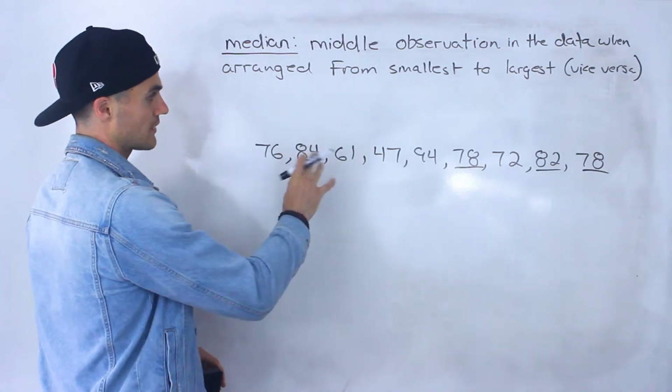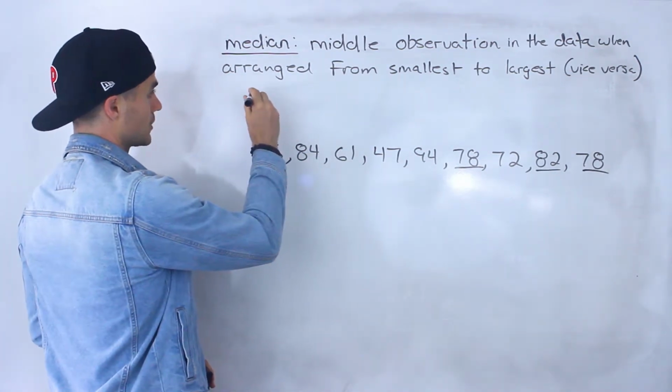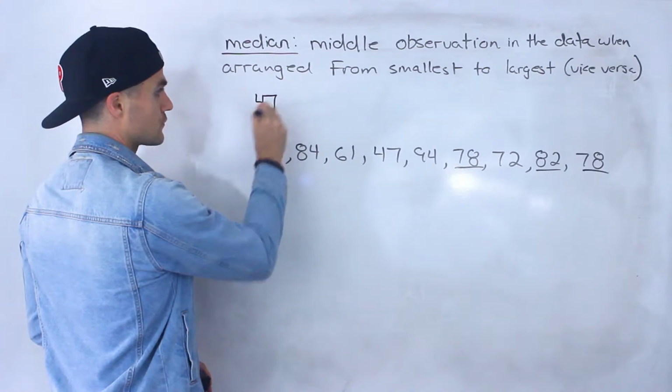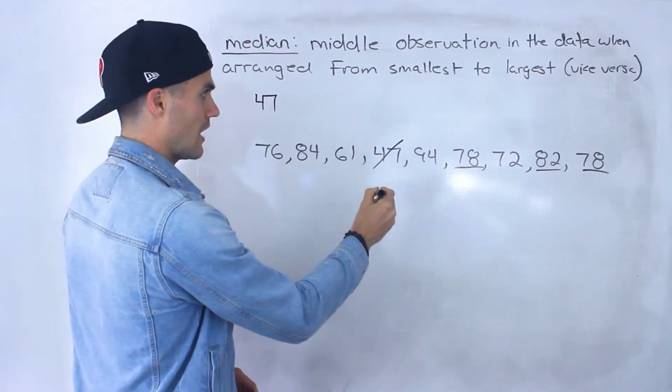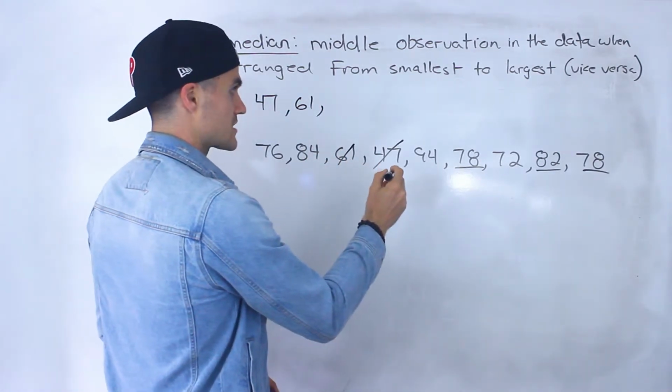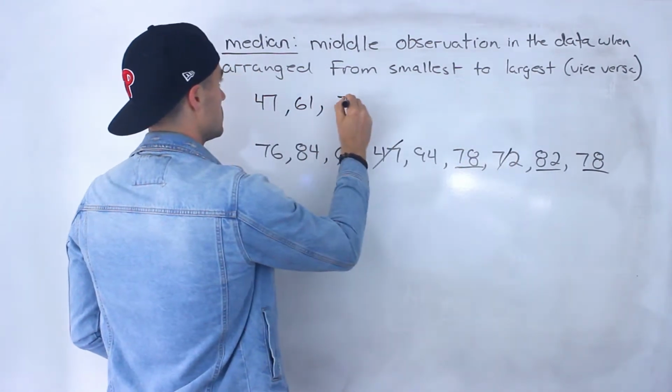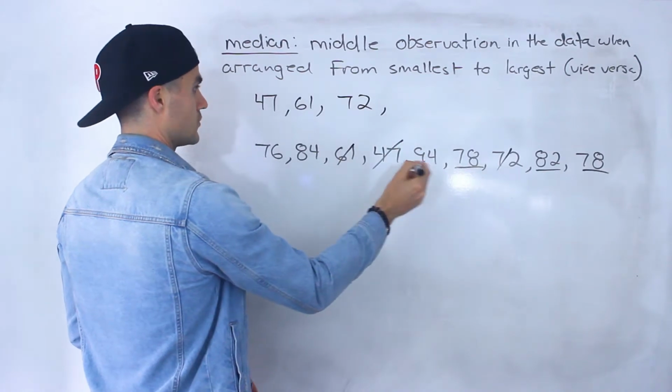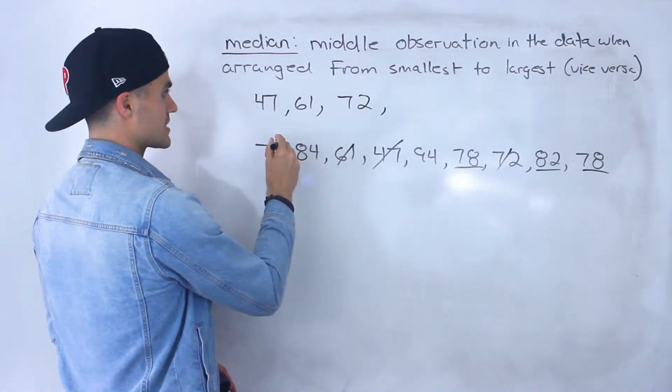So if we take all these values, arrange them, starting with the lowest value. So the lowest value is 47. The next value would be 61. The next value would be 72. Next value would be 76.